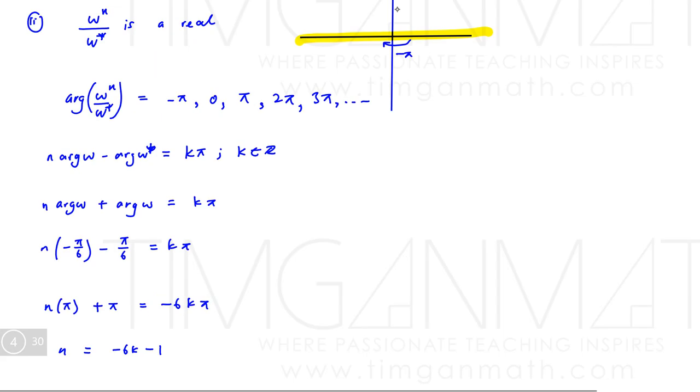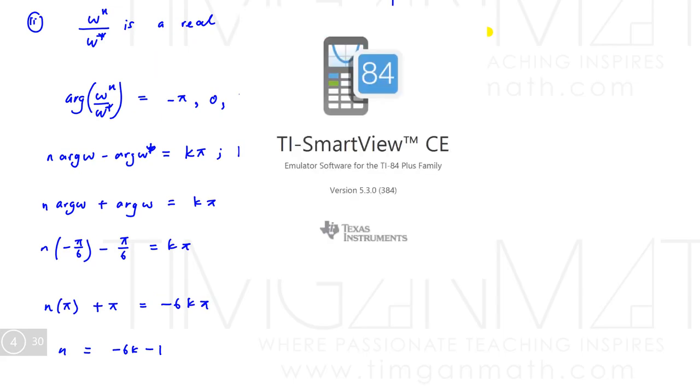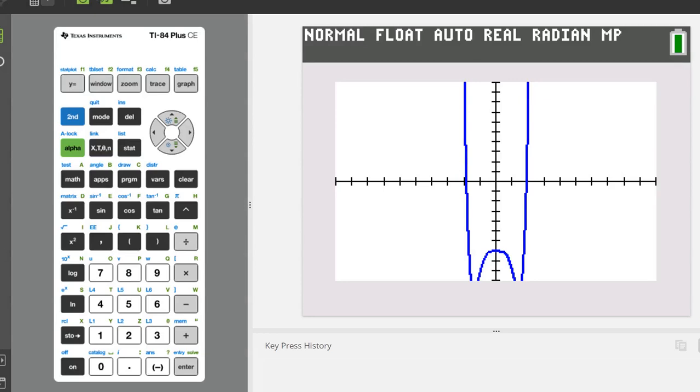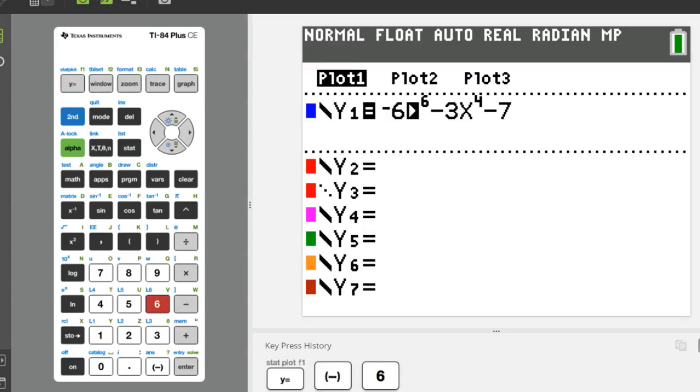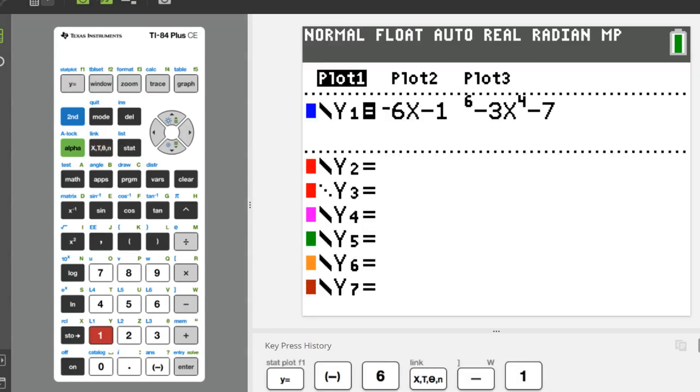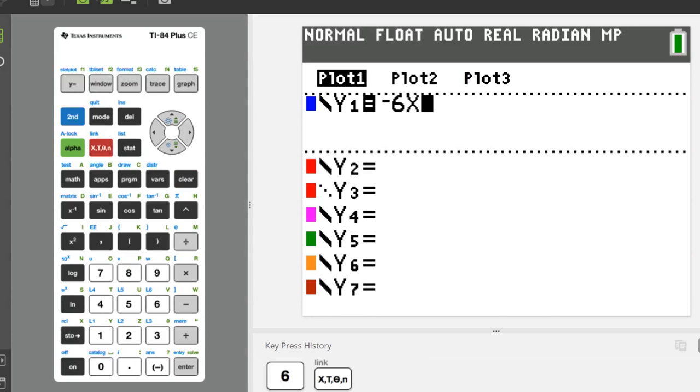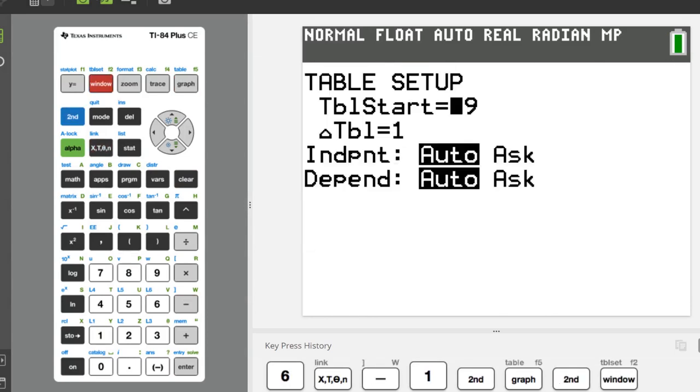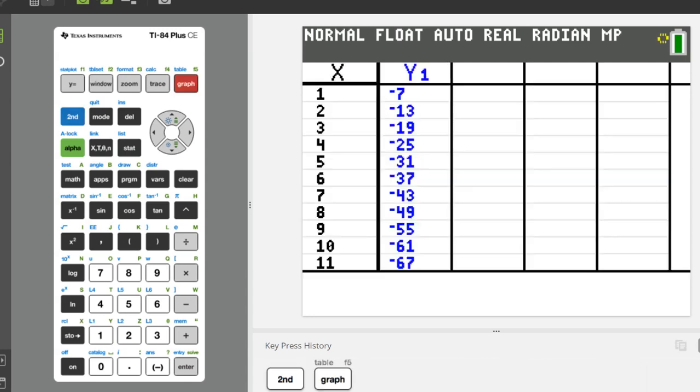So we're done. What we do is we key in the calculator because they want the first smallest positive whole number, right? Minus 6x minus 1. So you go inside here, minus 6x minus 1. Second table, table setting 1. Go up.